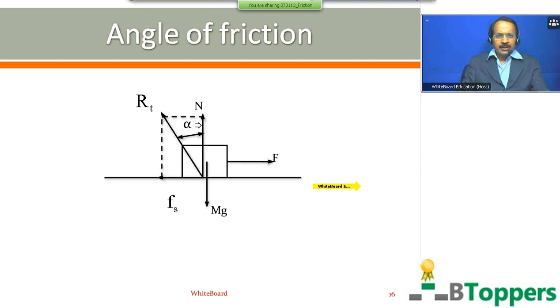So the normal reaction is the vertical component of the force on the block by the floor. F_s is the horizontal component of the force on the block by the floor. R_T represents the magnitude of the total reaction on the block by the floor, or the magnitude of the contact force between the block and the floor. The magnitude of the total reaction is the resultant of normal reaction and static friction.